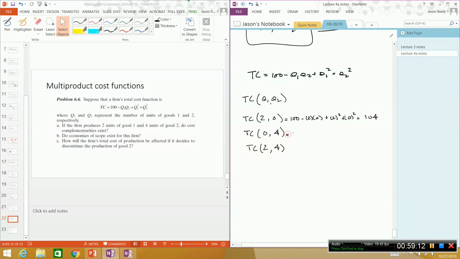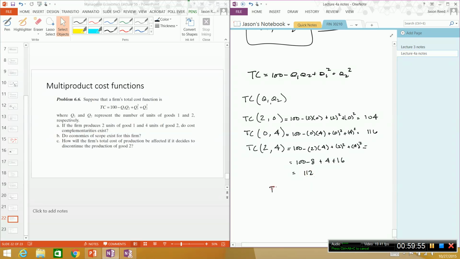Then we have 100 minus 0 times 4 plus 0 squared plus 4 squared, so we should get 116. Now if we plug in both values, we get 100 minus 2 times 4 plus 2 squared plus 4 squared. This gives us 100 minus 8 plus 4 plus 16, so we get 112.